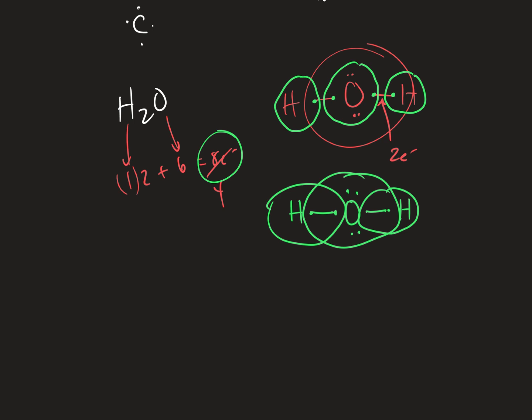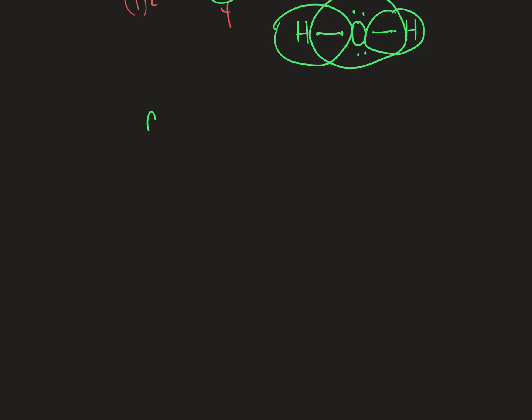Can you try CO2? Yes, that's more complex. Let's do it. Okay, so first step, we count valence electrons. Do you want to do it this way, or do you want to do the dots?